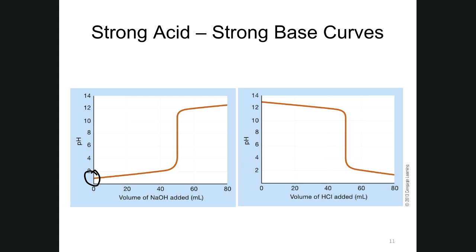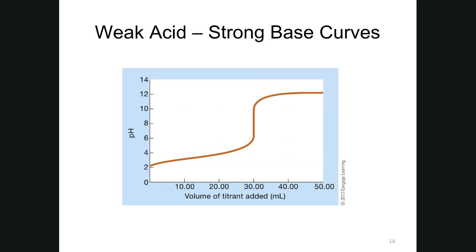If we're dealing with a weak acid, however, we're starting at a higher pH. So that's one indication that you're looking at a weak acid. It starts at a slightly higher pH. It's still acidic, but it's not very, very low. However, we still end up with a very high pH, so that tells us it's a strong base.